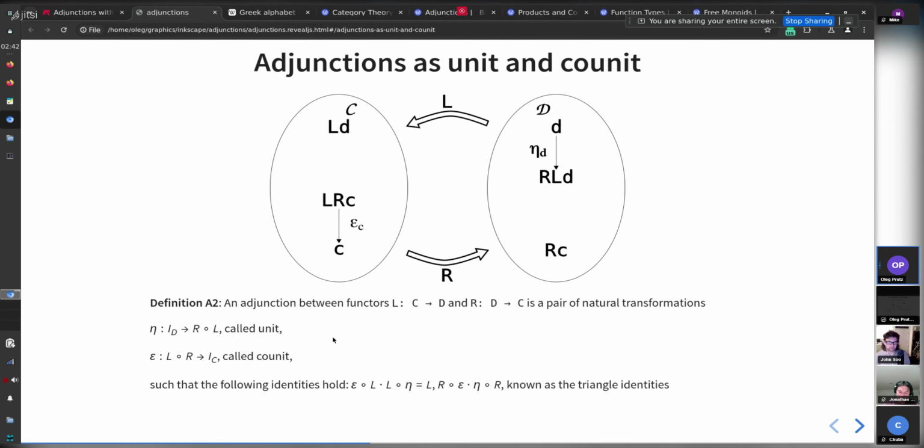They have to be subject to the so-called triangle identities. I don't have the diagrams for them, but those are the equations. Yeah, and this is where the vertical and the horizontal compositions come in.